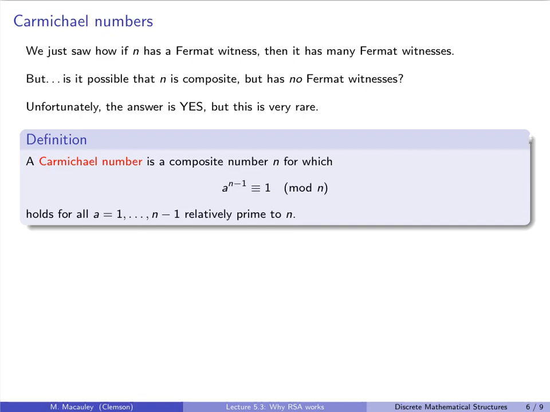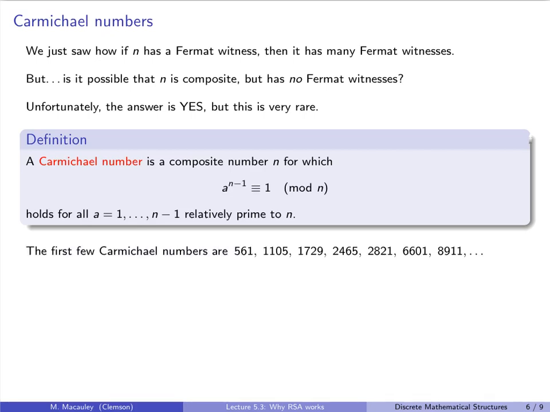It brings us to the definition of a Carmichael number, which is a composite number n for which a to the n minus 1 is equivalent to 1 mod n for all a relatively prime to n. In other words, everything relatively prime to n is a Fermat liar.